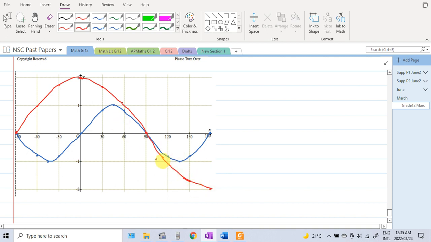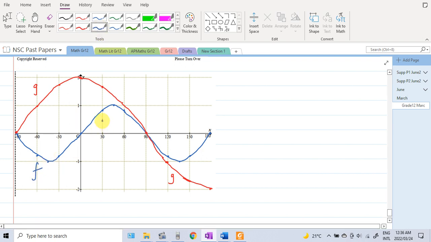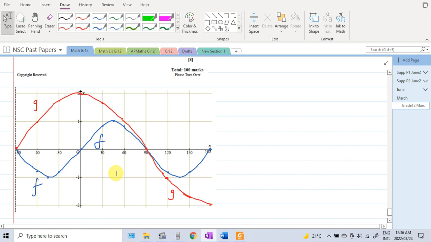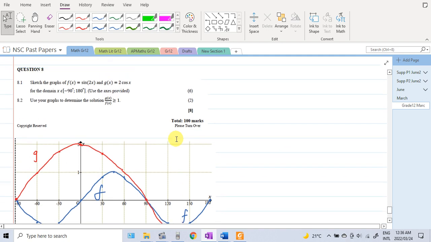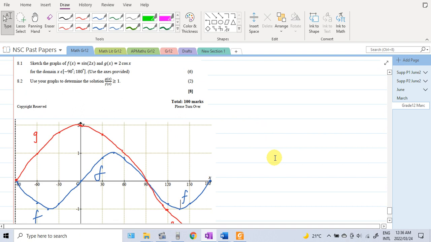Right, now the second graph that I drew was g, and this is a graph of f. The second question that we want to find out is, use a graph to determine where g of x over f of x is greater than or equal to 1.